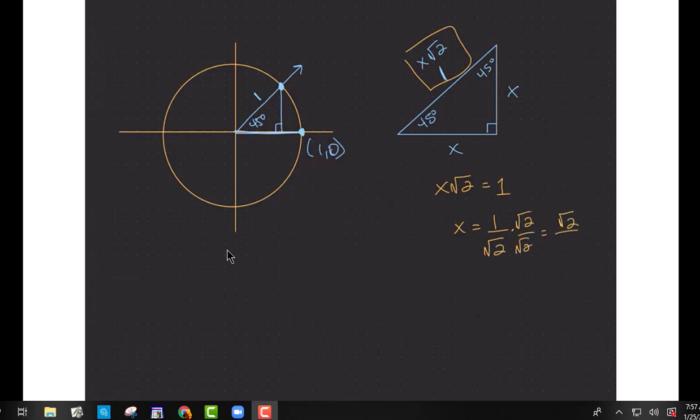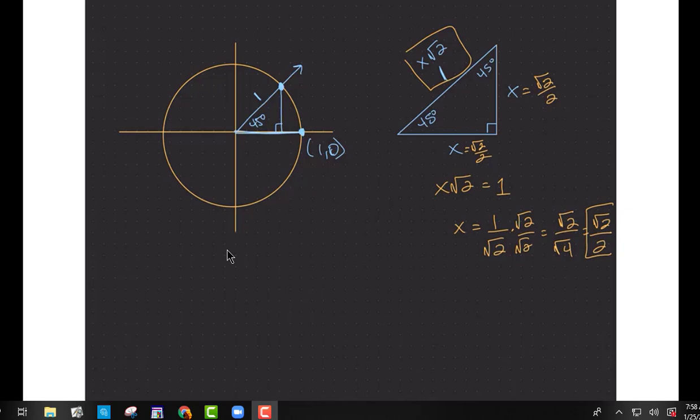The square root of 2 over the square root of 4. And what's that going to reduce to? The square root of 2 over 2. So this side of my triangle is the square root of 2 over 2, and this guy is the square root of 2 over 2.